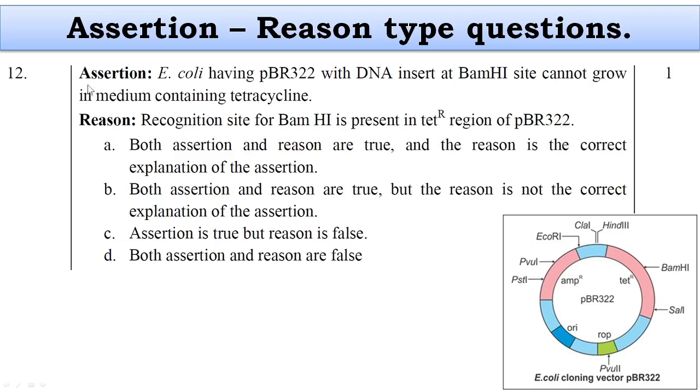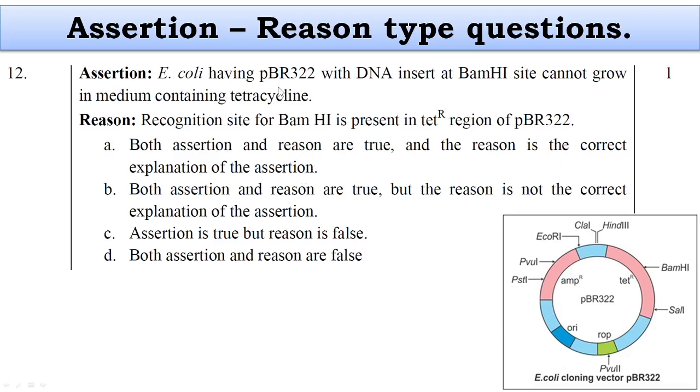Now, after reading these two sentences, you have to make a selection from A, B, C, and D. So it is like an MCQ, but a different kind of MCQ, right? Option A says both assertion and reason are true, and the reason is the correct explanation of the assertion.